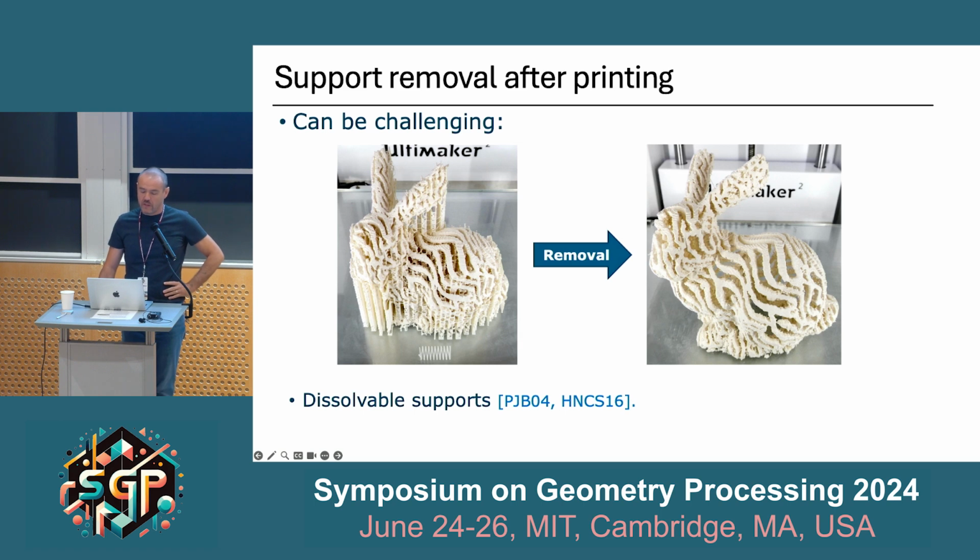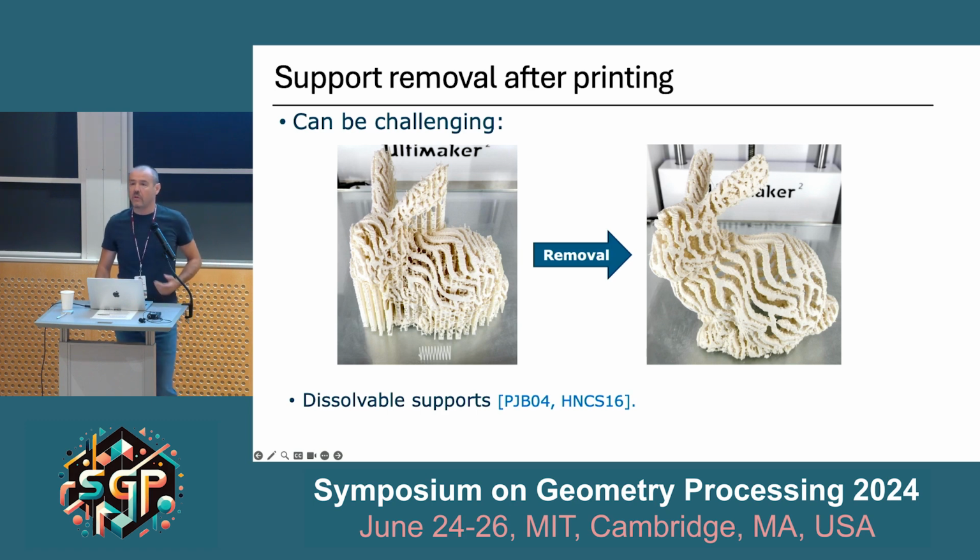So for these cases, some printers support dissolvable materials. You can just take the object along with its support and put it in water or other solvent, and the material that is used to create the supports would dissolve while leaving the object free of them.